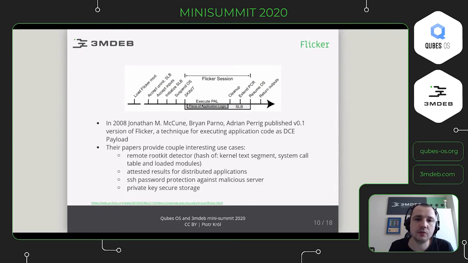Since if you run D-RTM, you can seal a secret based on the PCR values, and if you seal to PCR 17, then the value of that register can be reproduced only if the same code is executed. So you are sure that always the same code touches the secret which you unseal using those values.